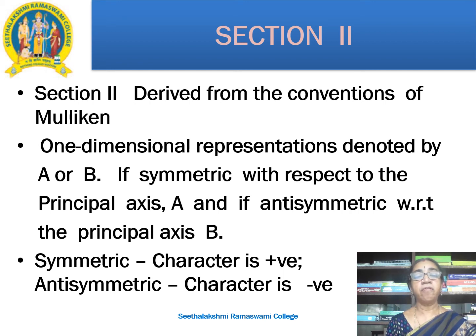Symmetric means, how to find whether it is symmetric or antisymmetric? If the character is positive, it is considered as symmetric. If the character is negative, it is considered as antisymmetric. So, if the representation is symmetric with respect to the principal axis, the Mulliken symbol A is to be given. If it is antisymmetric, the symbol B is to be given.